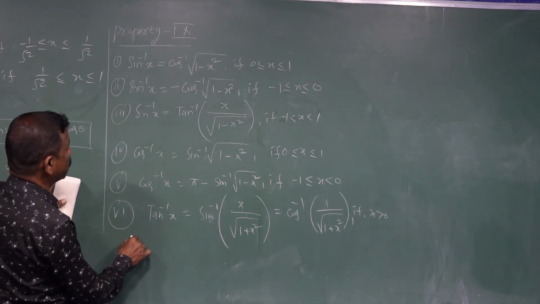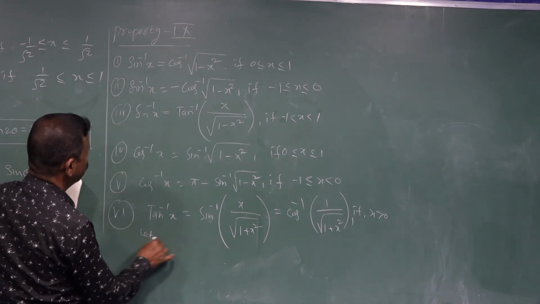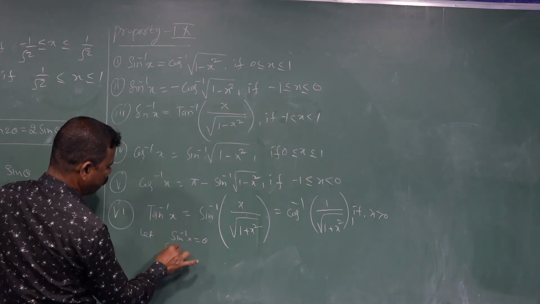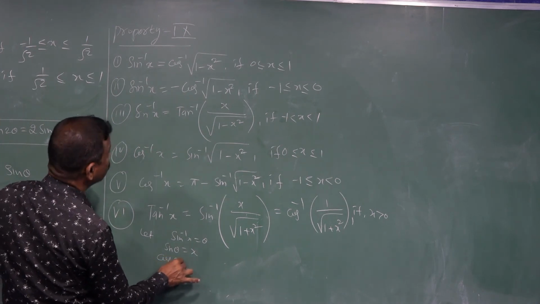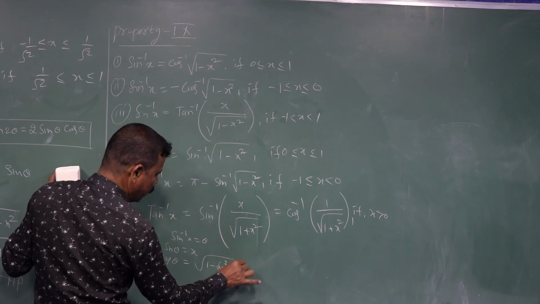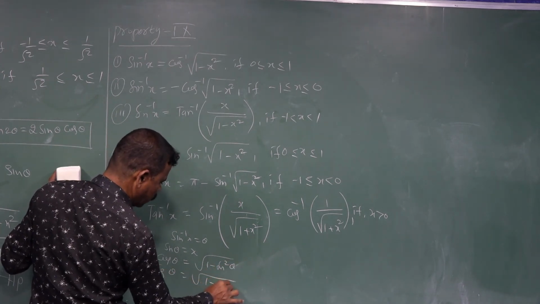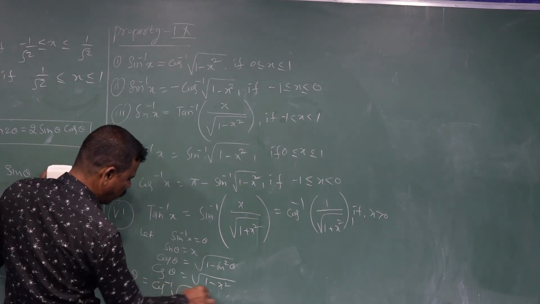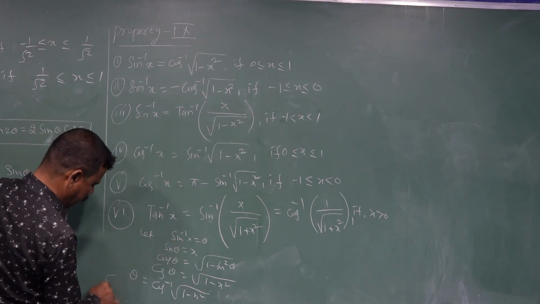Just observe. Sin inverse x in terms of cos inverse x. Let sin inverse x is equal to theta. Then sin theta is equal to x. Then cos theta is equal to under root of 1 minus sin square theta. This is cos theta is equal to under root of 1 minus x square. So theta is equal to cos inverse of under root 1 minus x square, where theta is the sin inverse x.